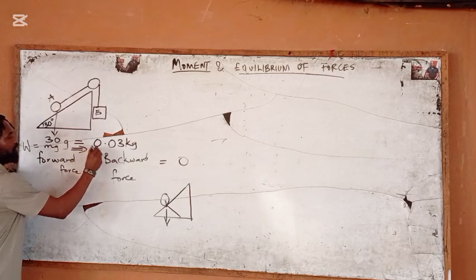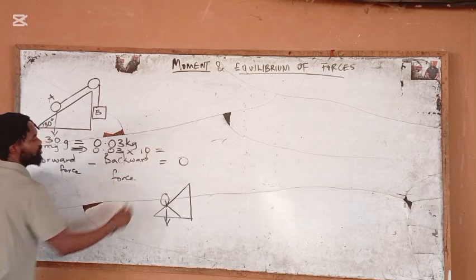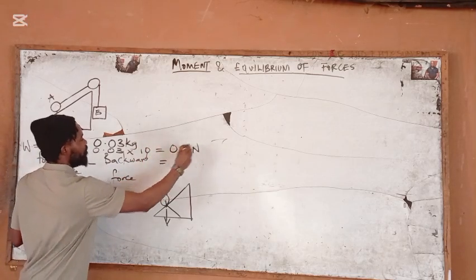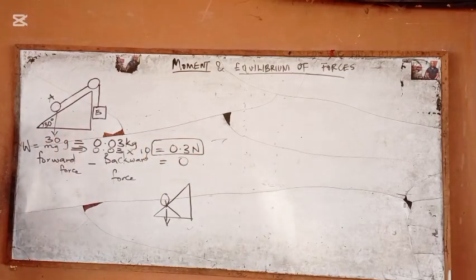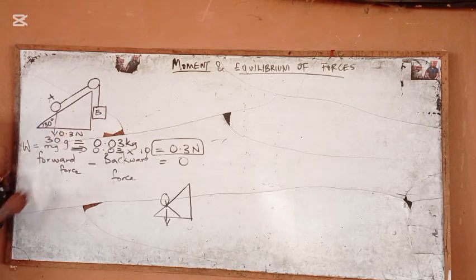So 0.03 times 10 is equal to what? 0.3 Newton. Somebody can choose to use times 9.8, but we like using 10. If you use 9.8, you're not wrong. So that means that the force acting on this object then is actually 0.3 Newton.